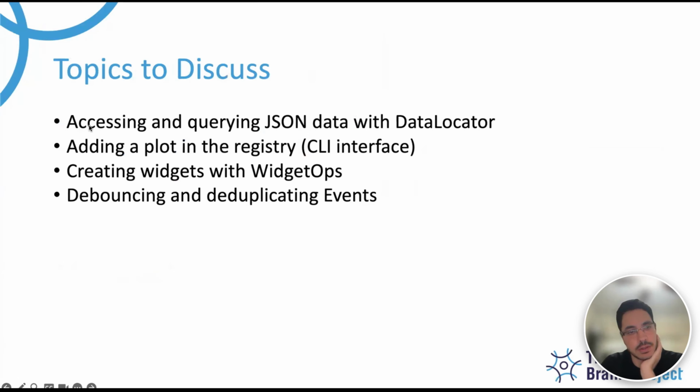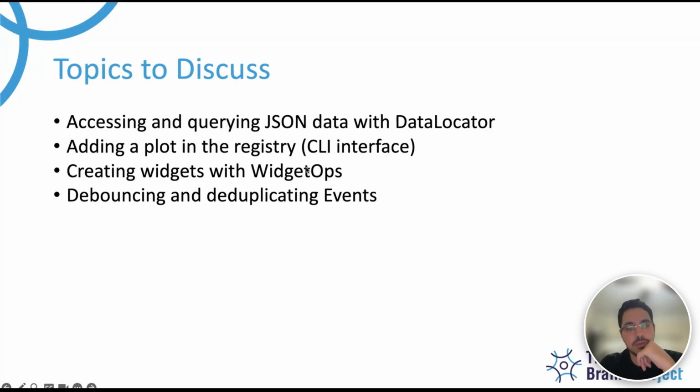The first thing is not really related to PubSub, but more related to tbp.plot, some helpers for accessing JSON data from the detailed run stats. Then I'm going to talk about adding a plot into the registry, and how you register that plot using the CLI interface, which is pretty cool. And then creating widgets with widget ops.